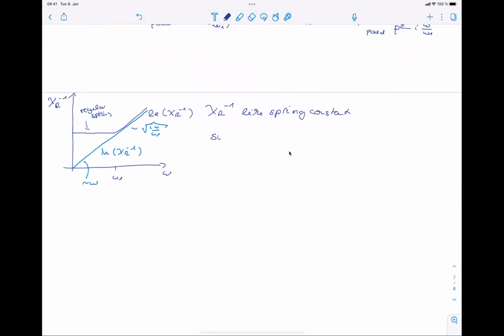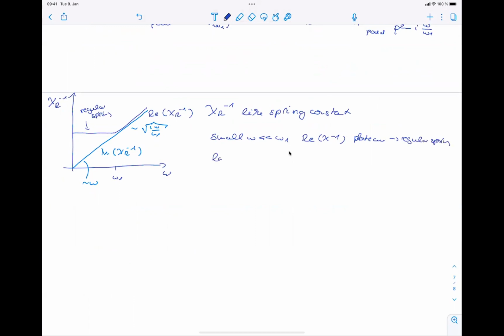So we see for omega smaller than omega 1, the response function reaches a plateau, which is the regular spring behavior.